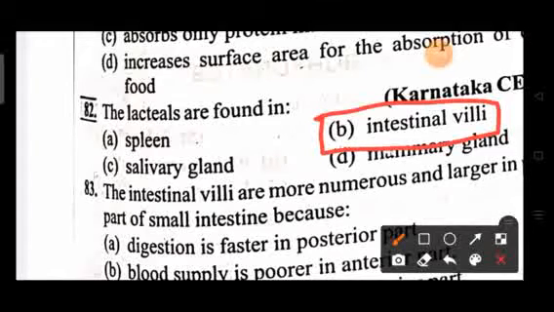The lacteals are found in the intestinal villi.